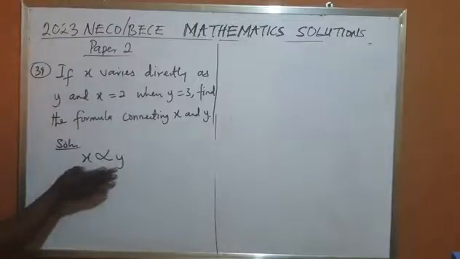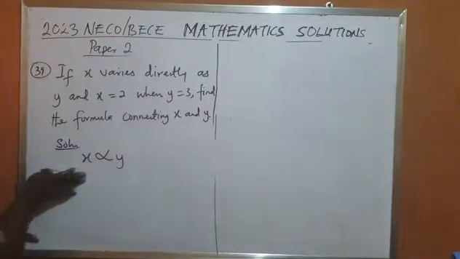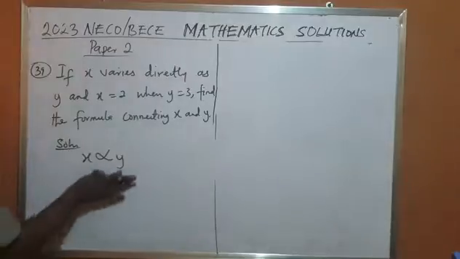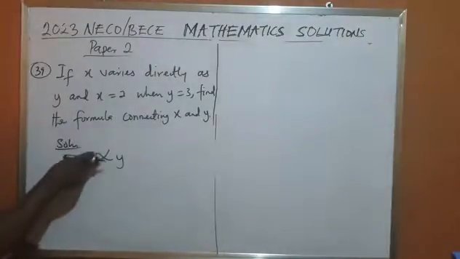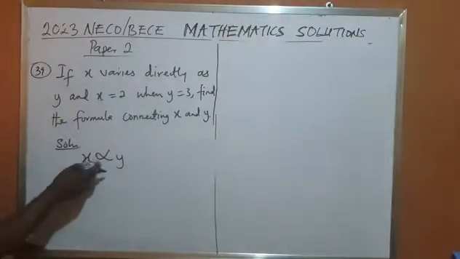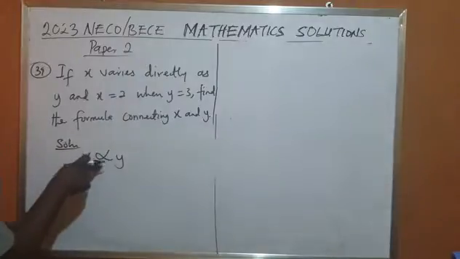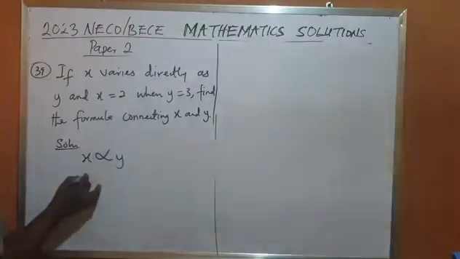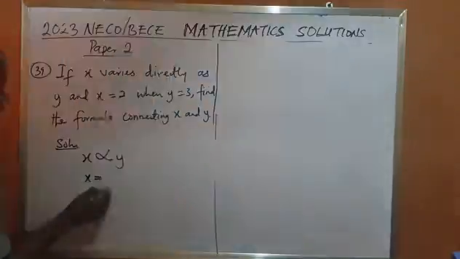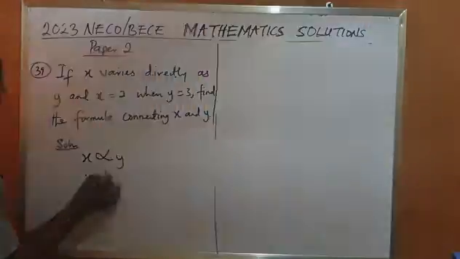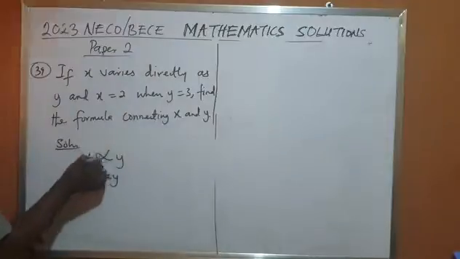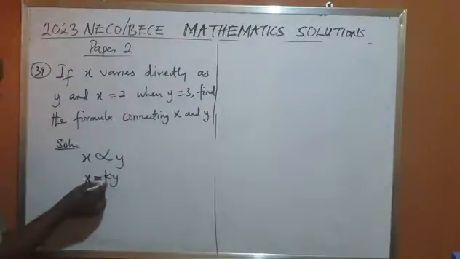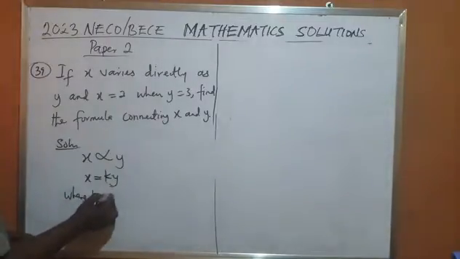We stop there before we move on to the next one. You can see this is not like an equation, so we want to make it an equation. For you to make this an equation, we must change this variation symbol to equals. Because you are changing it to the equals symbol, you must add a constant to it. So therefore, we're going to have x equals ky. Because we have changed this to equals, that's why we are introducing this k, where k is a constant.